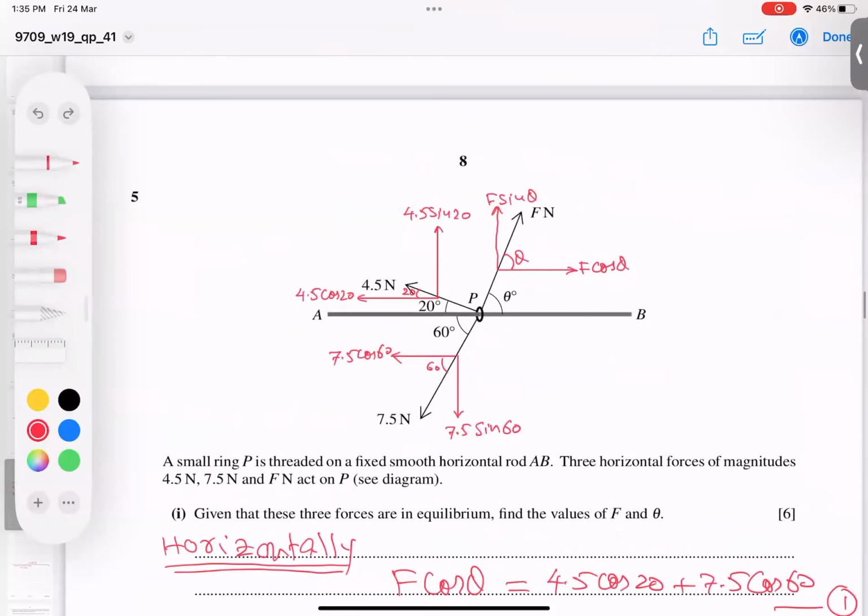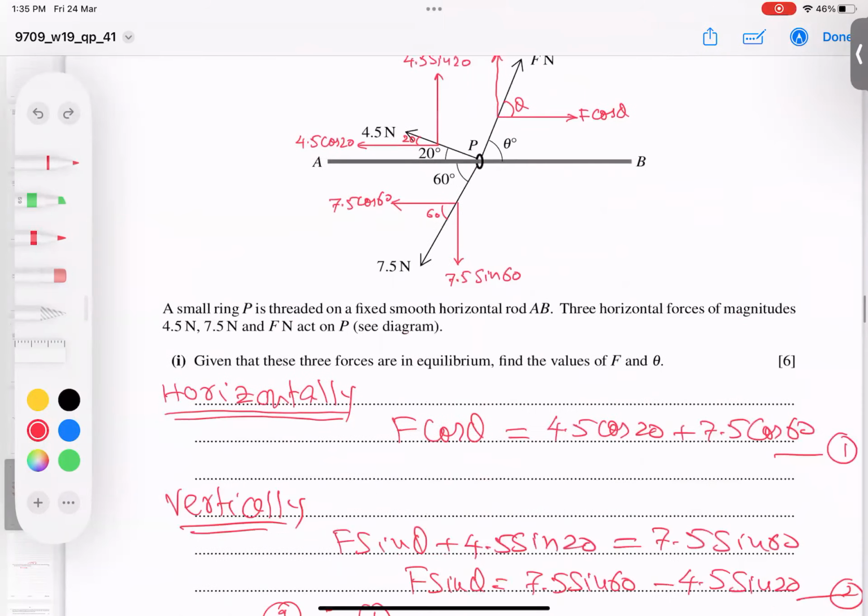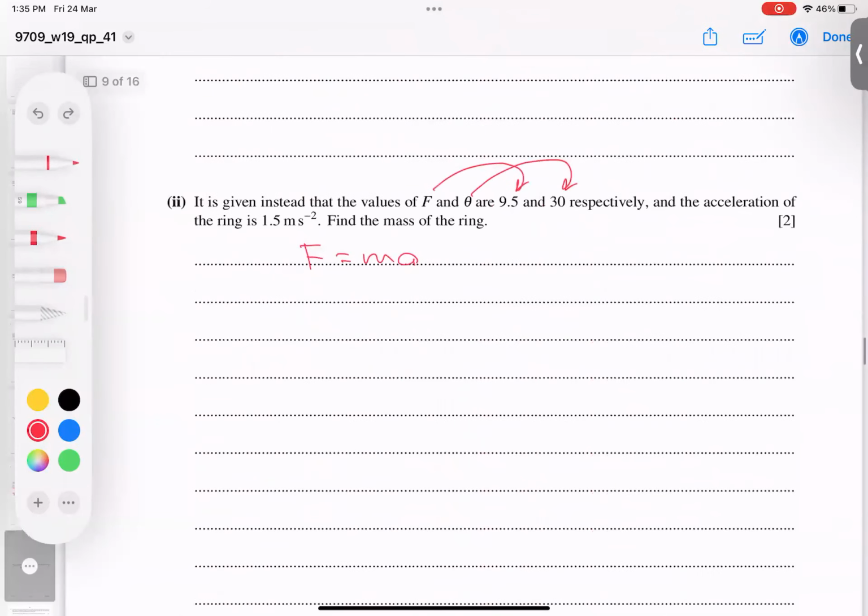Where is F acting? Look here, students. For example, a situation like this, the ring is here, your force acts this way, the force is 9.5 newtons, and the angle here is 30 degrees. So I think now you got the point.